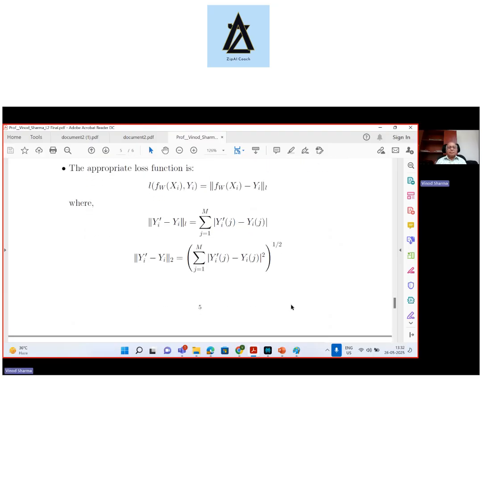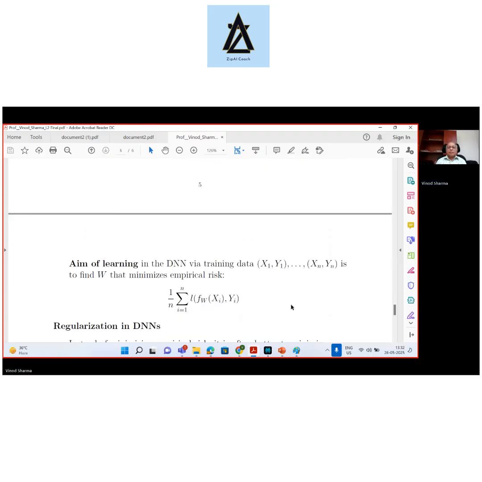After we have chosen the appropriate loss function, the aim of learning in machine learning for DNN is going to be via the training data. If we are given the training data (x_1, y_1) to (x_n, y_n), the aim is to find W which minimizes this function, 1/n sigma i equals 1 to n L(f_W(x_i), y_i).